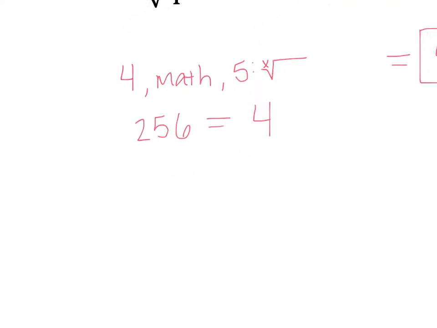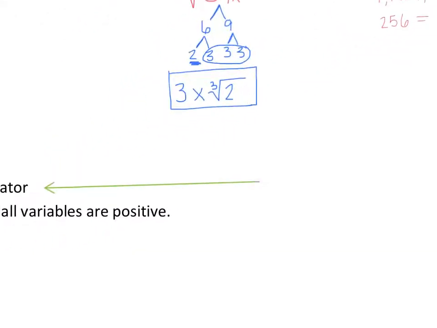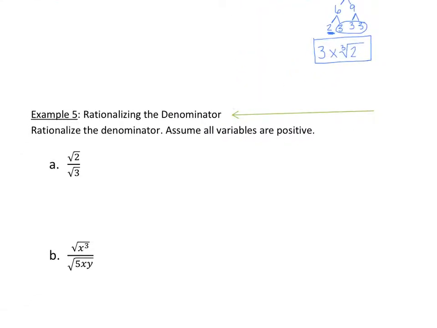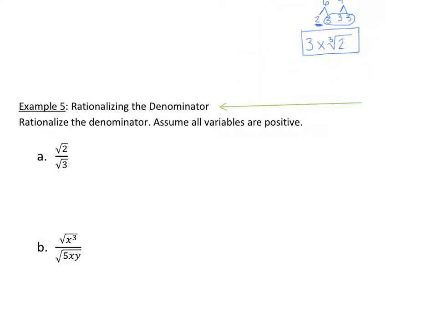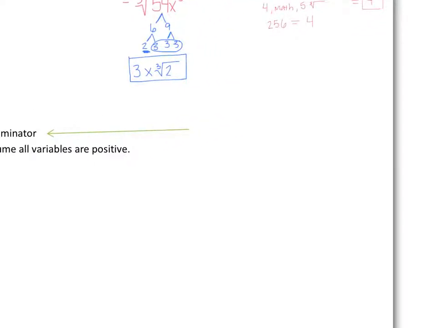Alright, so the part that makes this lesson harder than yesterday is that it is division, which means we have fractions, and in your answers you cannot have a radical in the denominator. Okay, that's what I want you to write by that arrow. Cannot have a radical in the denominator of your answer.